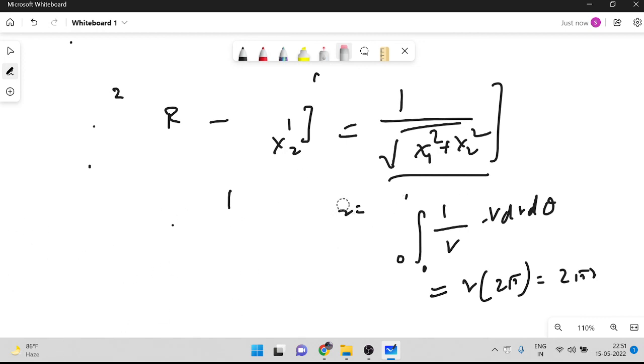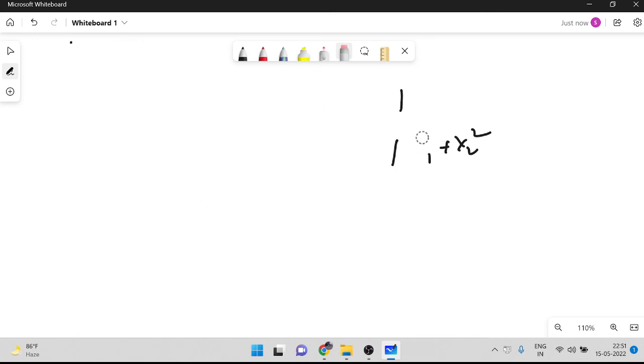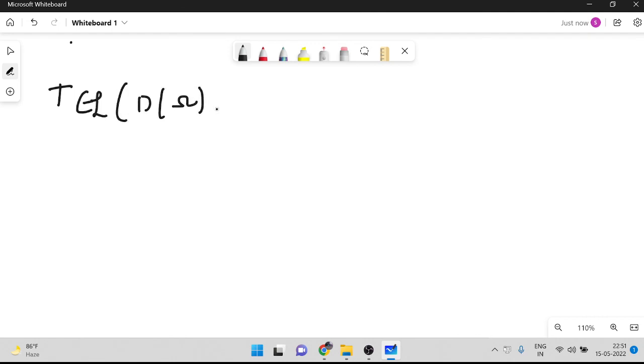Now I'll be doing heavy duty examples on what a distribution is. Just recalling the definition: a distribution is a bounded linear map from infinitely differentiable functions to real numbers. So example 1.